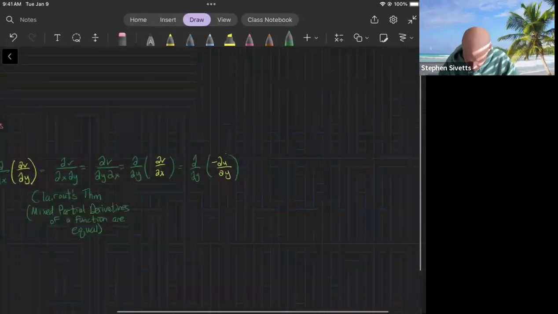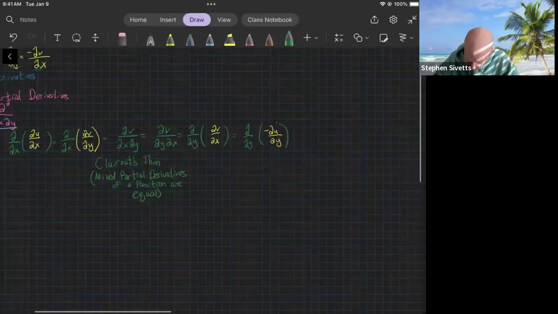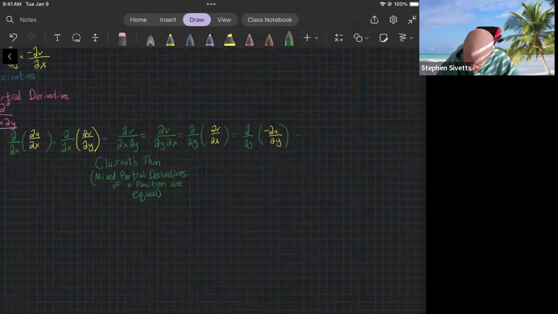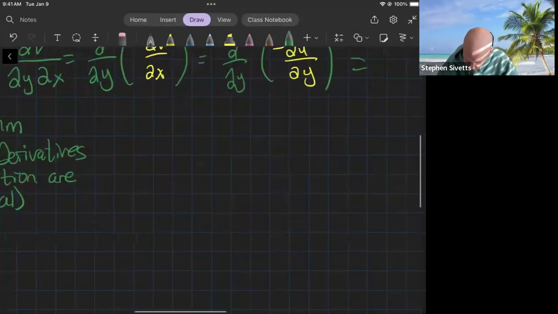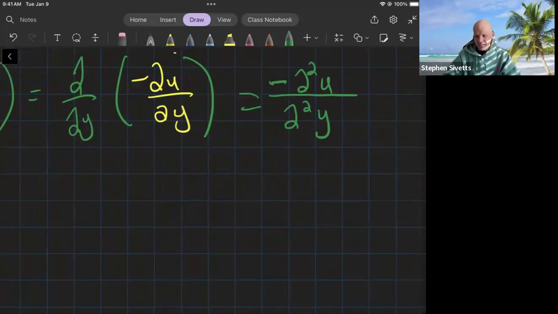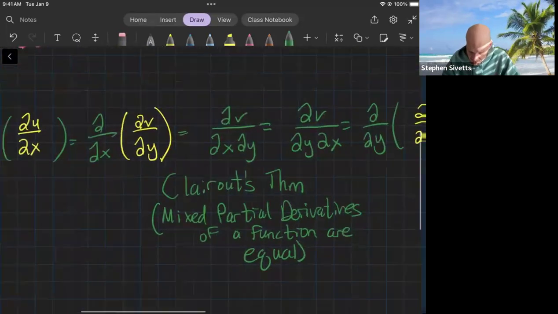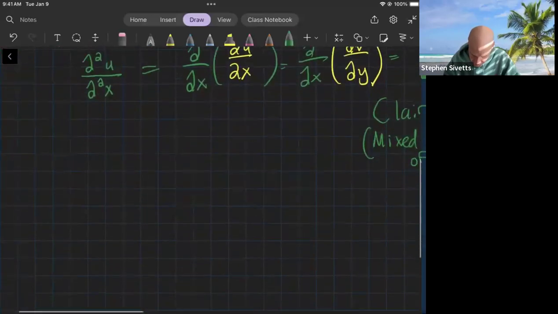Okay. So all together, this quantity right here would equal minus the second partial of u with respect to y. Okay. And this is where we'll derive harmonic functions.